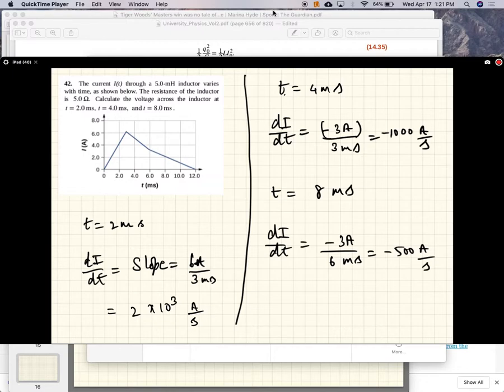So slope is delta y over delta x. Y is I in this case. You guys understand?